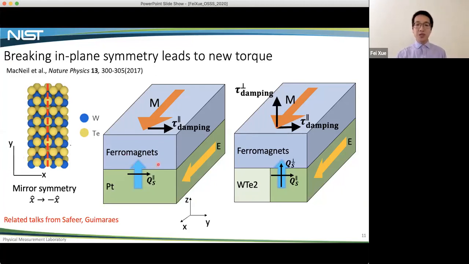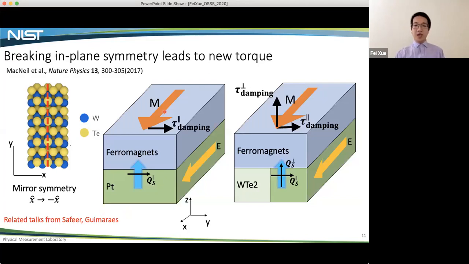But when you put the ferromagnet on top of that, the glide symmetry is broken. The previous speaker, Safeer and Guimarães, who is an author on this paper, already talked about these new materials and how they can generate unconventional spin-orbit torque or spin current in the experiment. Please check out their previous talks.